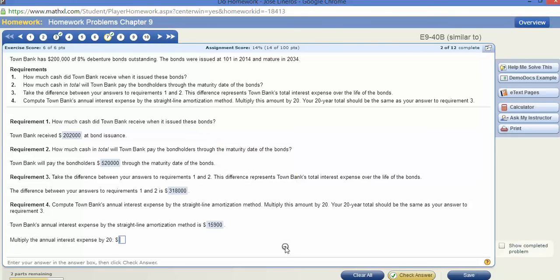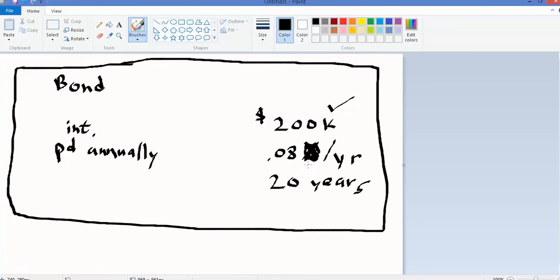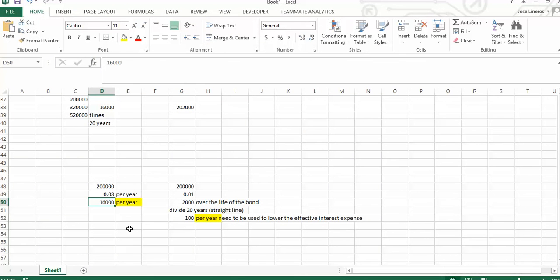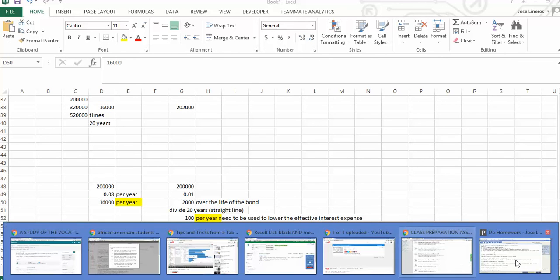You'll notice that your effective interest rate, your true annual interest expense, is not truly the 200,000 times the 0.08. If you come over here, this is what your true actual interest expense would be, but only if you had issued at par, if you had issued at 100%.